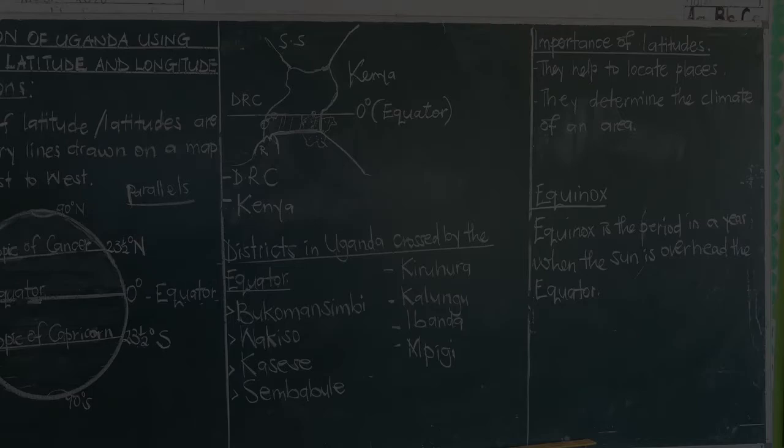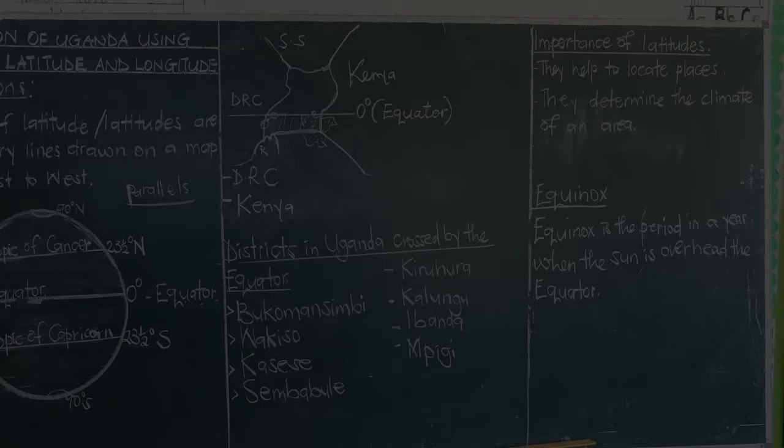Lines of longitude are imaginary lines drawn on a map. The difference now here is these ones are drawn from north to south.